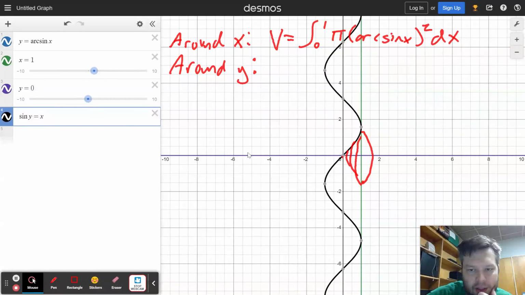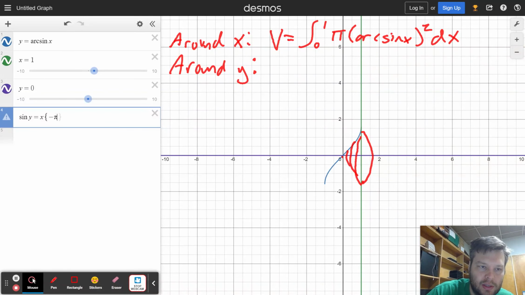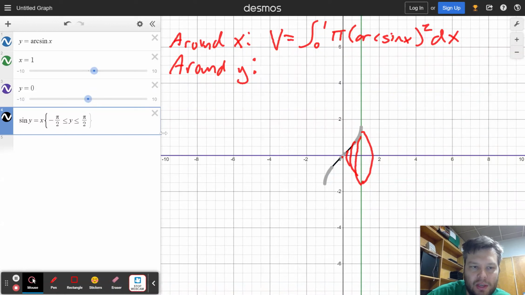You can see that the black curve goes right on top of the blue curve there, but it's restricted along the range from where y is equal to negative pi over 2 up to positive pi over 2. You can program that in here using the squiggle brackets: negative pi over 2 is less than or equal to y, less than or equal to positive pi over 2. And so now they have exact overlap.